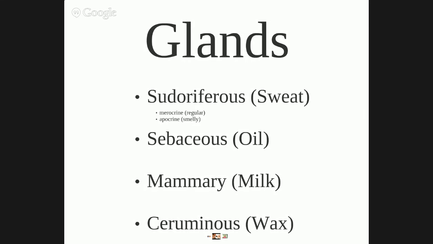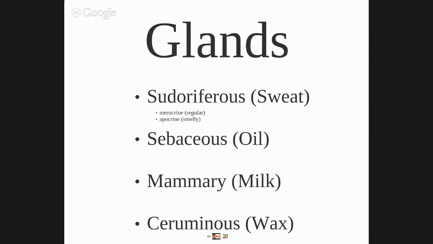It actually doesn't necessarily contain any odorous molecules in it, but rather what is contained in it is metabolized by bacteria on the skin, and they produce smells. I have this whole tangent to go into on that, but I'm not going to because we don't really have time.